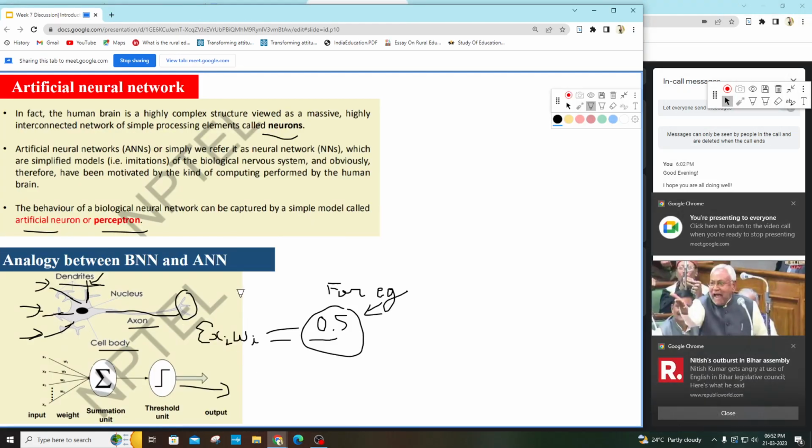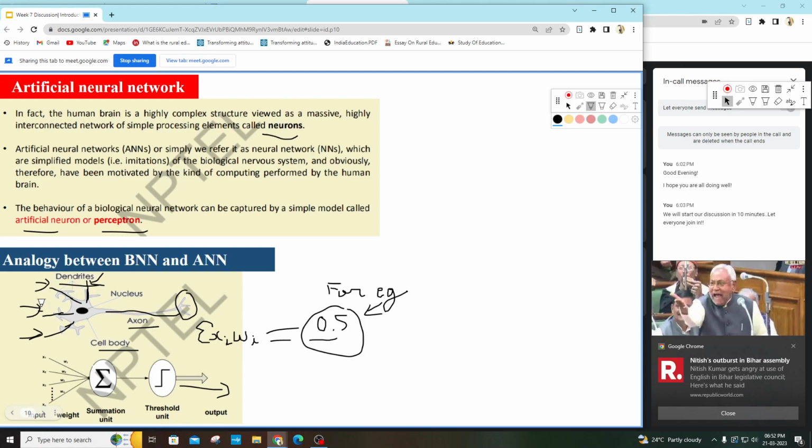Okay, very nice question. So you see this neuron, right? This is a biological neuron. What is happening in this biological neuron? All the dendrites are collecting some information and giving it to this cell body, also called soma. It is giving all this information to this cell body, and then this information is passing on to this axon.